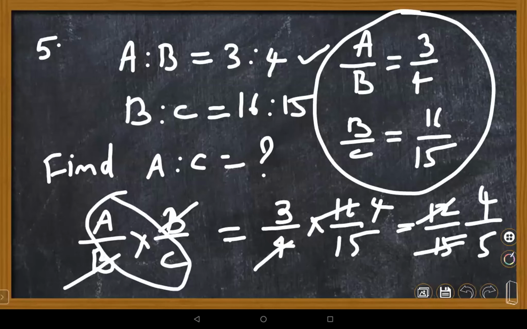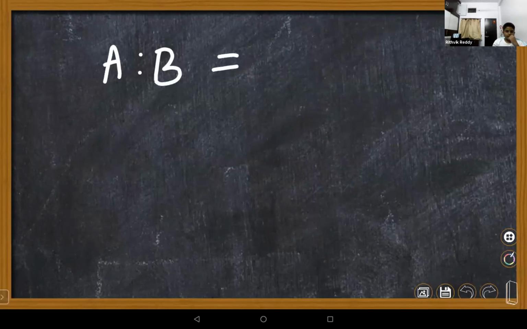Or else one more simple technique I will give, children. A is to B is given as 3:4.